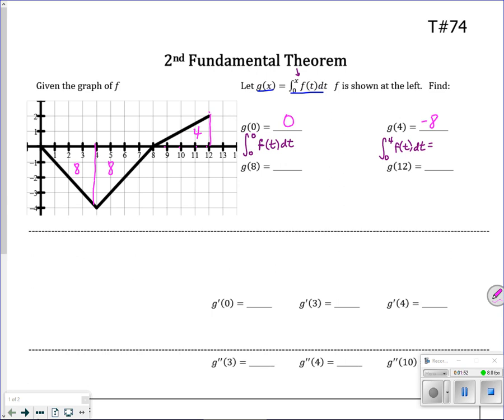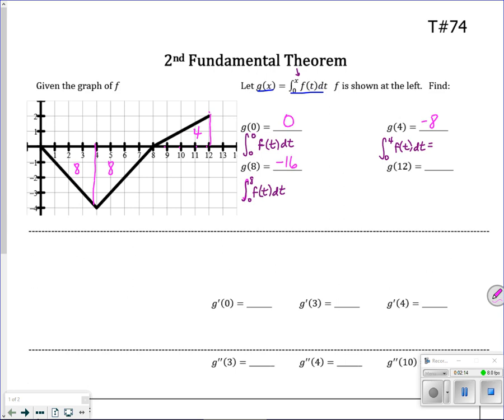I think in the same way, you can now try to do 8 and 12 and see if you get the right thing. So g of 8 would be the integral from 0 to 8 of f of t. So it's all below the x-axis, so that's going to be a lot, -16.